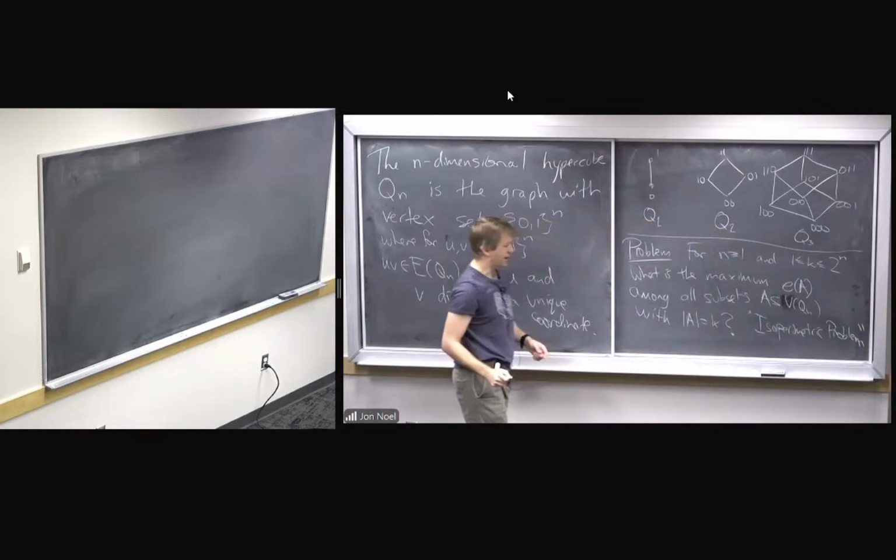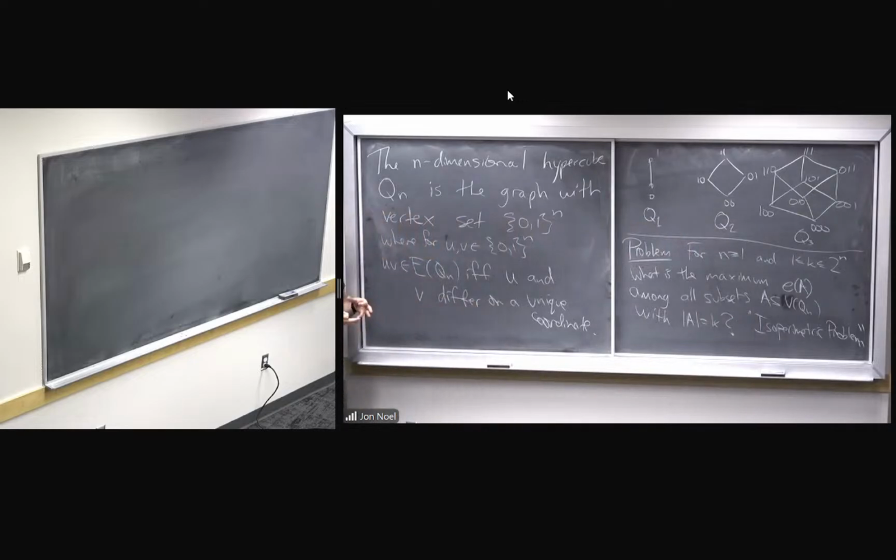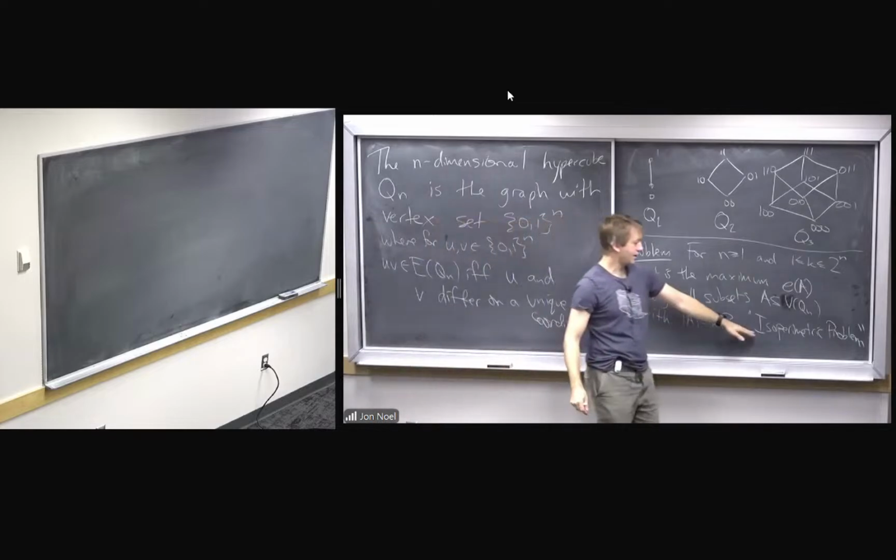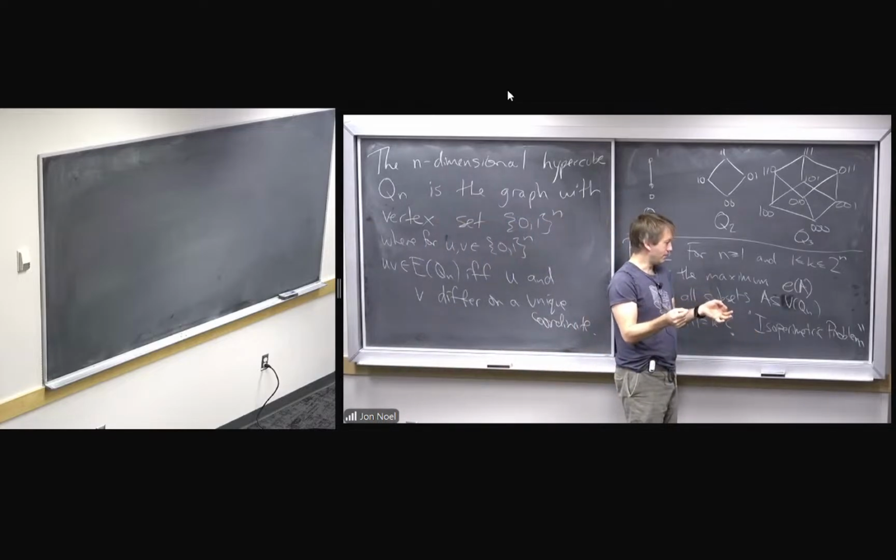What do I mean by isoperimetric problem? Suppose I have a string of length 1, and I want to enclose a region in the plane with a fixed perimeter. Isoperimetric means a fixed perimeter, and you want to enclose the biggest area, you'd probably take a circle, right?